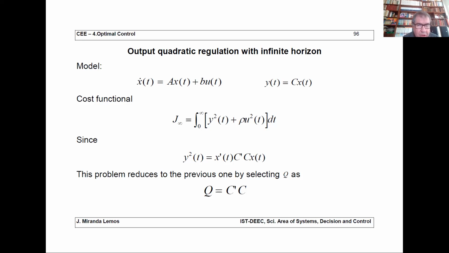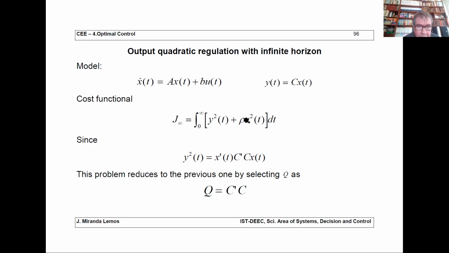And we have seen in the previous lecture this result that we could deduce from Pontryagin's principle. So if you have a linear dynamics x dot equal to Ax plus Bu, A and B constant matrices, y equals to Cx. Now suppose that you have this cost function that means that you want to regulate y, that is to say you want y to be close to 0, and you have a regularization term on u.